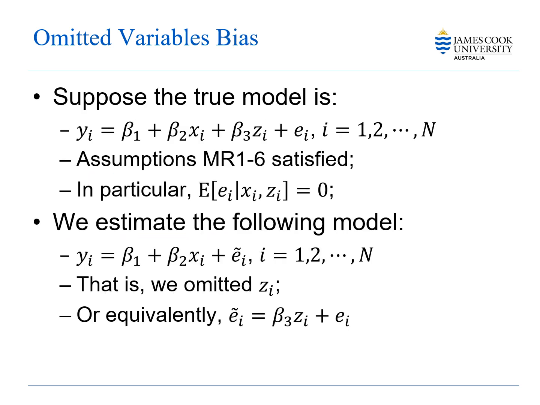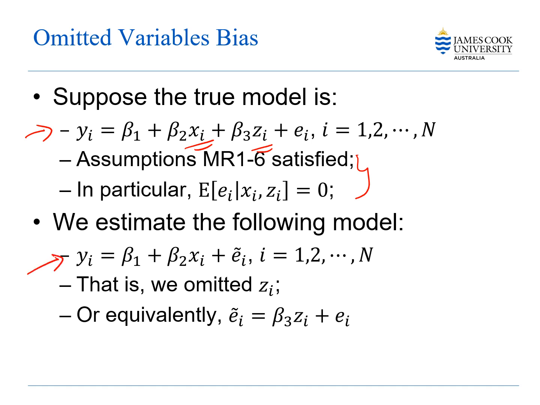Suppose the true model is this model. We have two variables x and z, and all the assumptions we need are there. And we ignore z for whatever reasons, for example because we do not have data for z. Then we estimate this model.